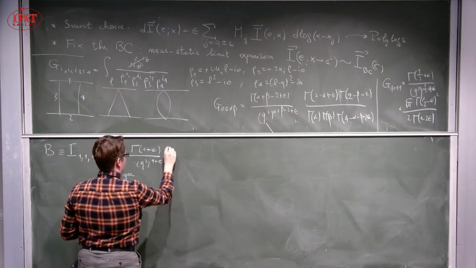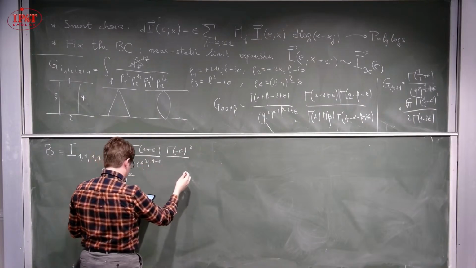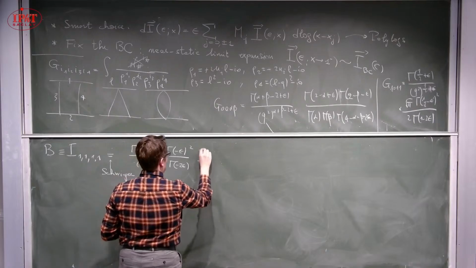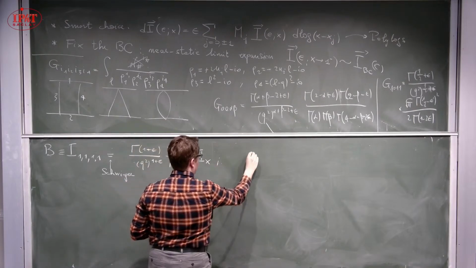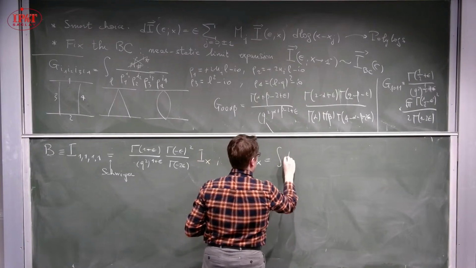So again, some gamma functions come from the easy part, which is in fact associated with the massless line. And then you have another piece which I call IX, which is instead this.